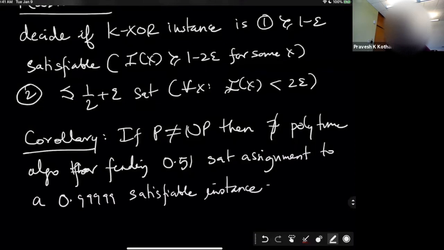So even though there was an assignment that satisfied almost all, but a tiny fixed constant fraction of the constraints, you can't even satisfy 51% of them. That's what basically Håstad says.